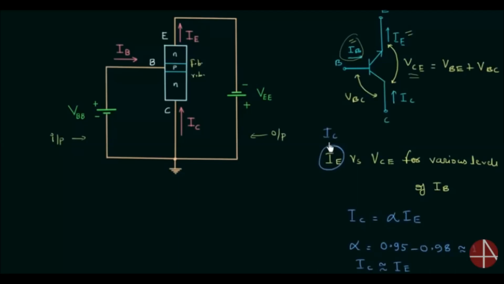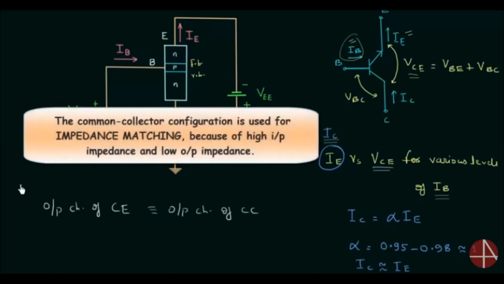And if you remember the last presentation, the graphical relation between the collector current IC and the voltage VCE for various levels of base current IB is nothing but output characteristics of common emitter transistor. So for all practical purposes, the output characteristics of common emitter transistor is similar to the output characteristics of common collector transistor. This is very important point.